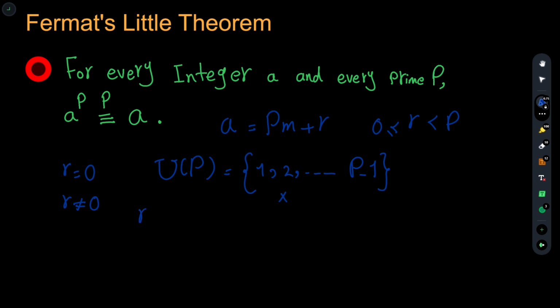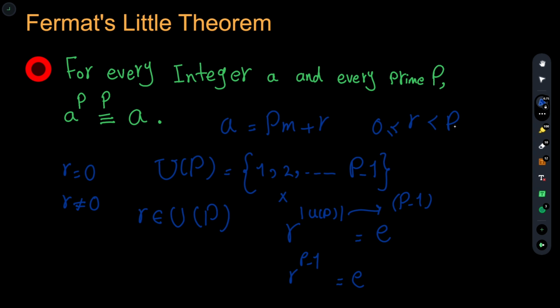So let's say that r is a member of U_p. Then by our corollaries, we know that r to the power of the order of U_p will be the identity member, and this order is just p minus 1. So r to the power of p minus 1 is equal to the identity member.